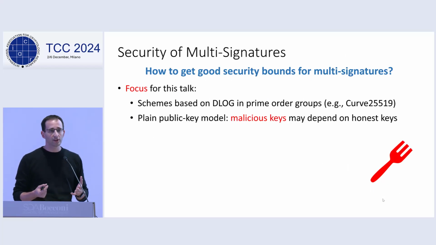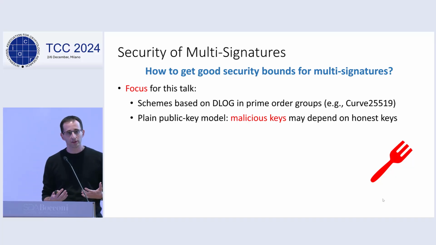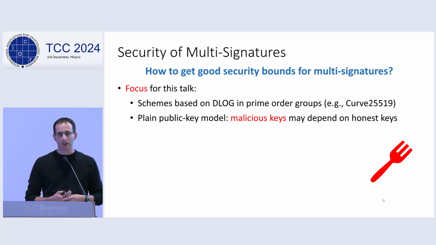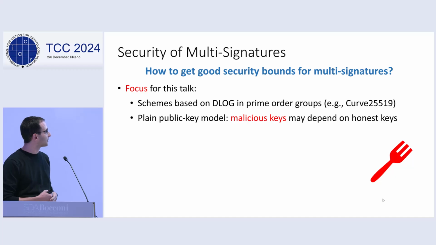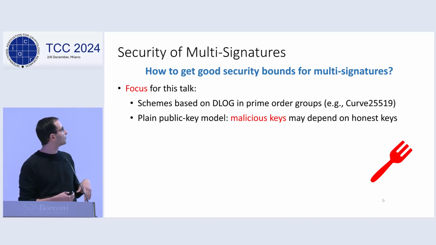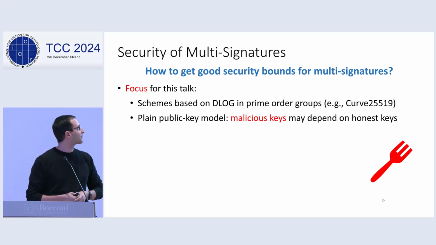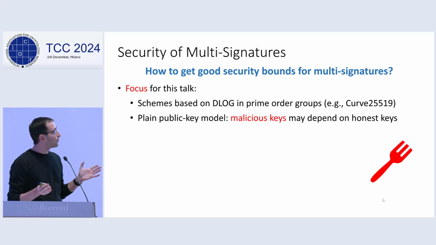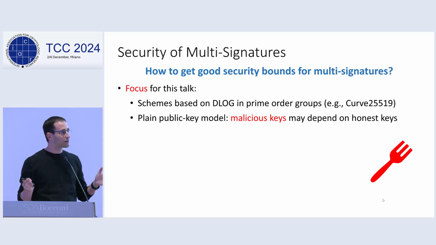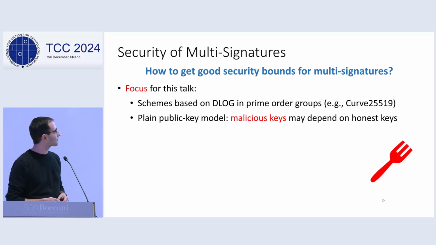Good. So the question is, how do we prove security of specific multi-sig schemes? In this talk, I'm going to focus on signatures based on discrete log in prime order groups. We're also going to focus on the plain public key model, so we don't have some global setup between the players.